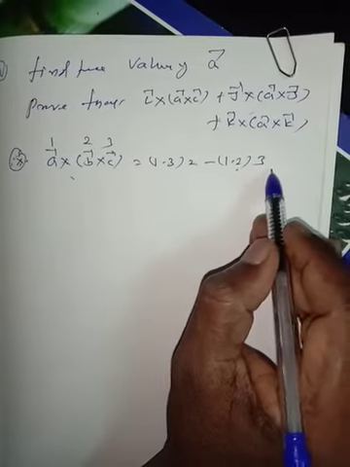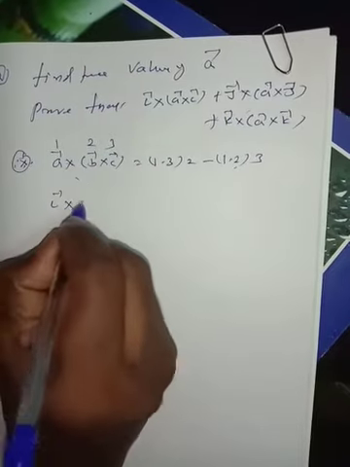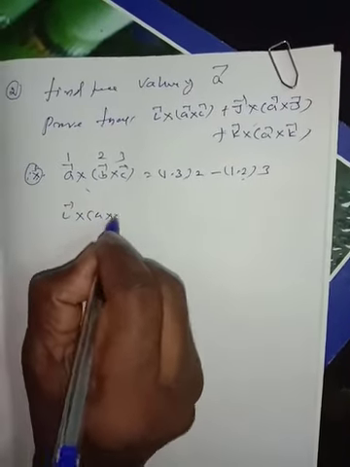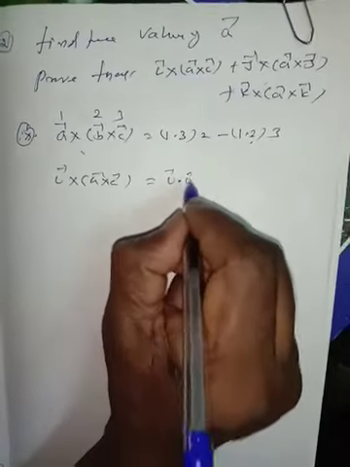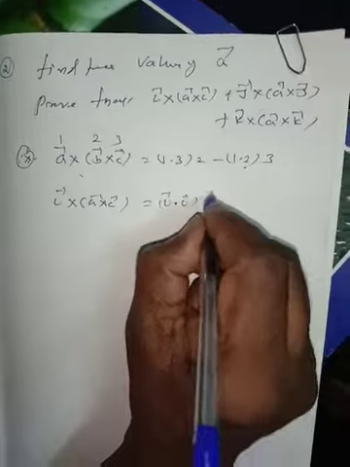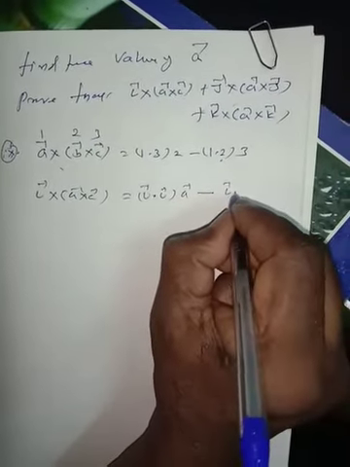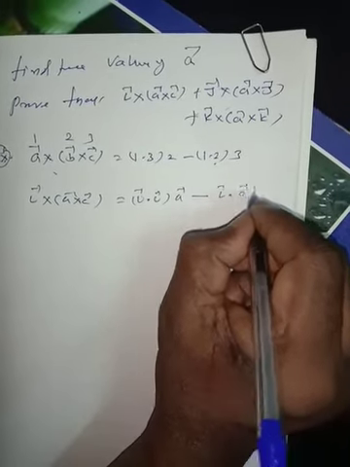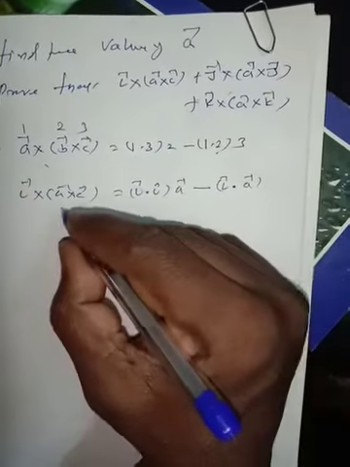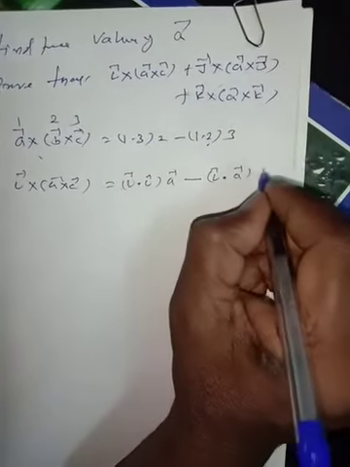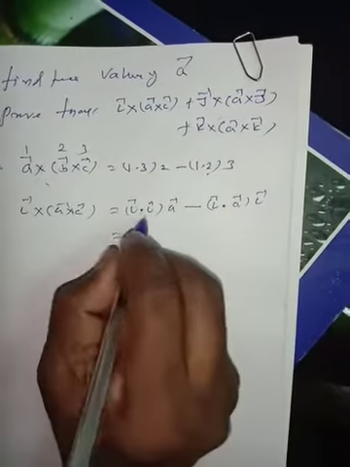Okay. Now first take i vector cross (a cross i) is equal to (i vector dot i vector) of a vector minus (i vector dot a vector) of i vector. I dot i is one, already known result.